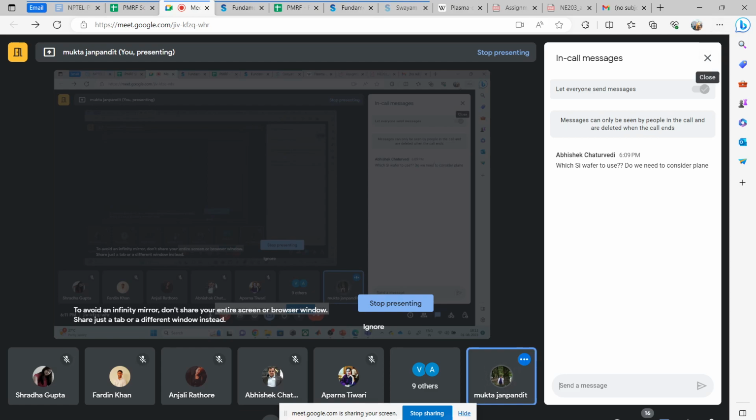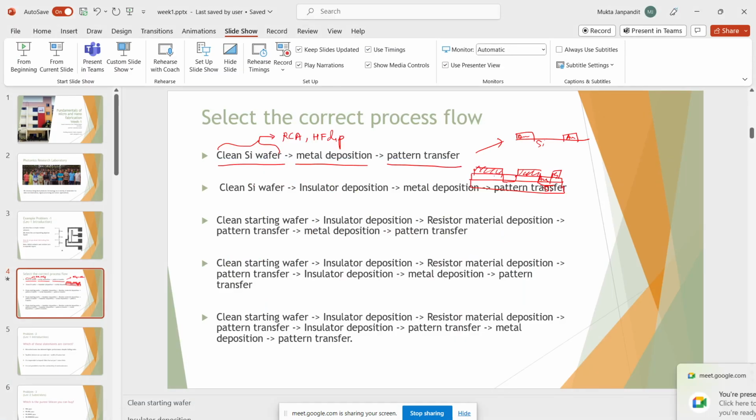I get it. You are asking if I need N doped silicon, P doped silicon, all those things, or single side polish, double side polish. This is a very simple circuit. In this, whatever you use, it will work, as long as the process flow is good enough.